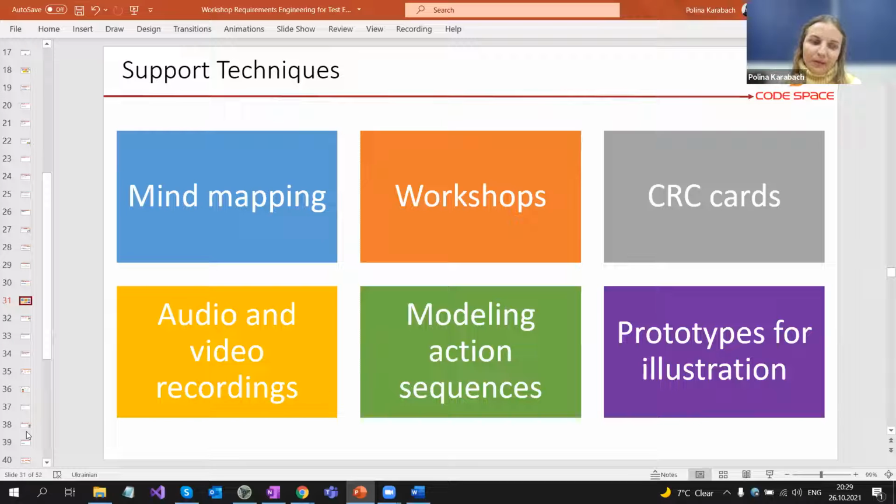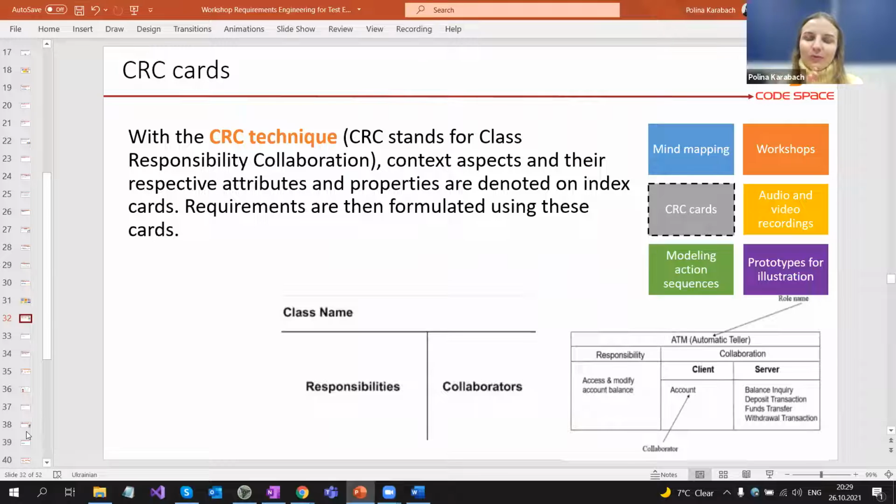Workshops. A workshop is an event, a meeting that we create where we can use, for instance, the creativity techniques and information gathering. CRC cards is a technique where we structure the information we get about certain context aspects of our system and their attributes in cards that are called class responsibility collaboration.